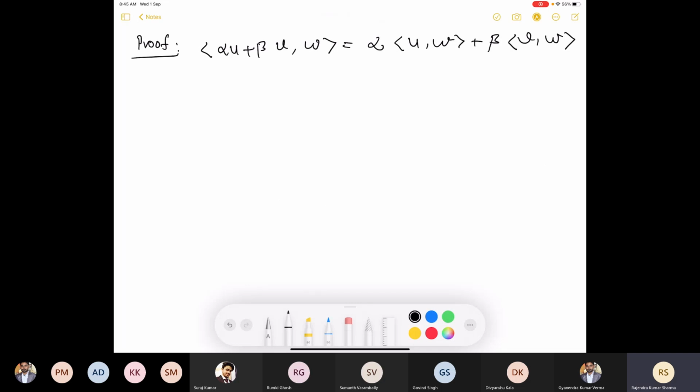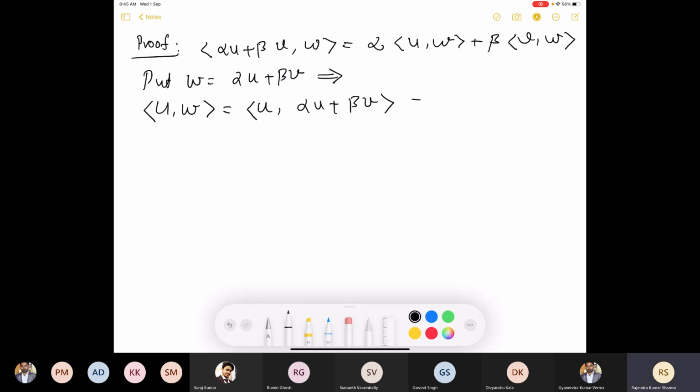This is the property that this is linear in the first coordinate. Now put this w as alpha u plus beta v. So this will give us that your u comma w here is your u comma alpha u plus beta v.